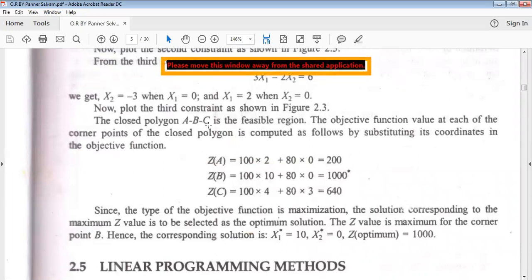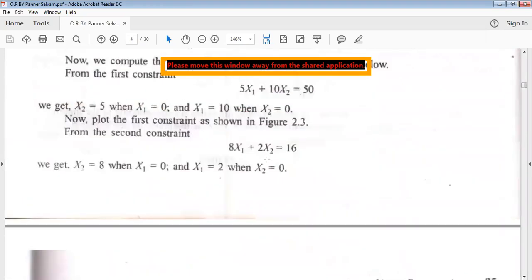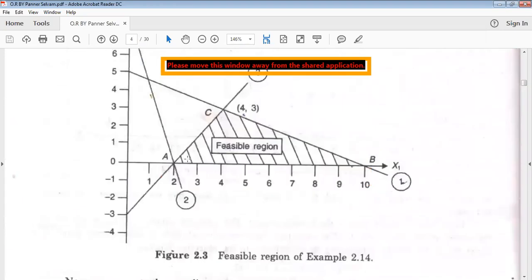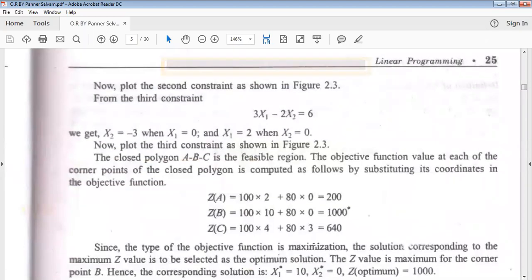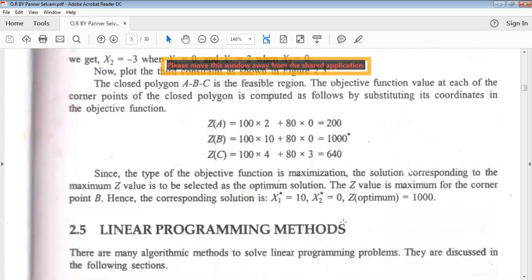The closed polygon is ABC. ABC points are nothing but A is 0, 2, sorry, 2, 0. And this is 10, 0. And this is nothing but 4, 3. If you substitute all the points, this is 2, 0, and this is 10, 0, and this is 4, 3. And you got these particular points.